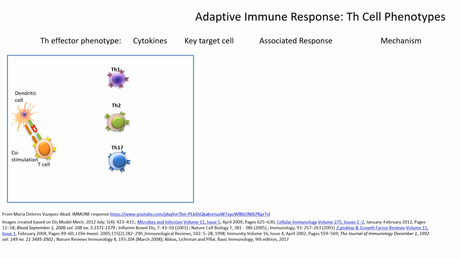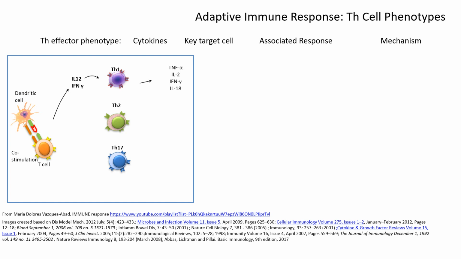Let's take a look at the adaptive immune response Th cell phenotypes. When we have a naive T cell that is presented a particular T cell epitope by the dendritic cell with the appropriate co-stimulation and a particular interaction with the production of interleukin 12 or interferon gamma, it will differentiate that naive T cell into what we know as a Th1 cell.